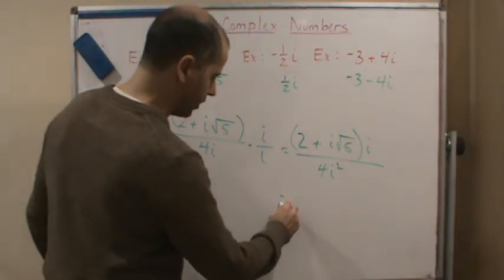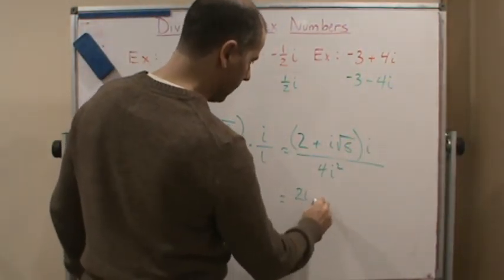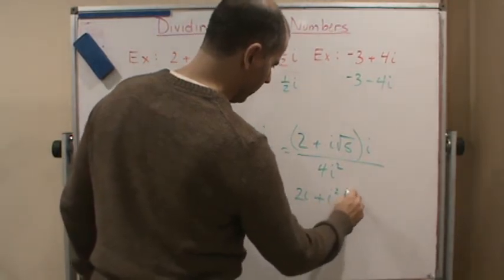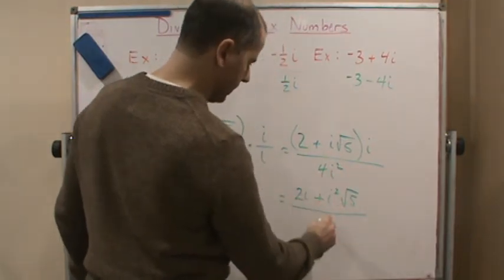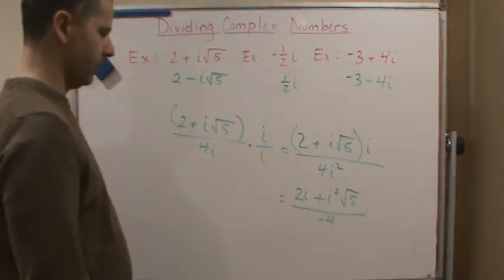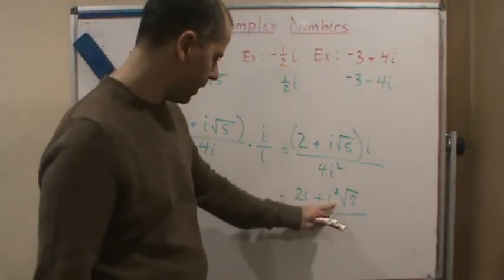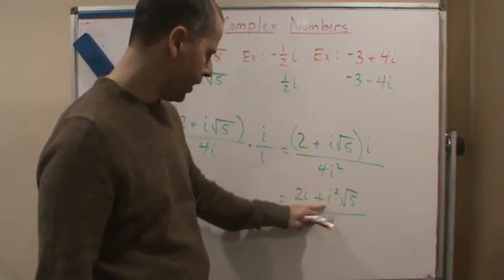Now I'm going to distribute the i. This becomes 2i plus i squared times the square root of 5, over, well, now this becomes -4, because of the i squared.